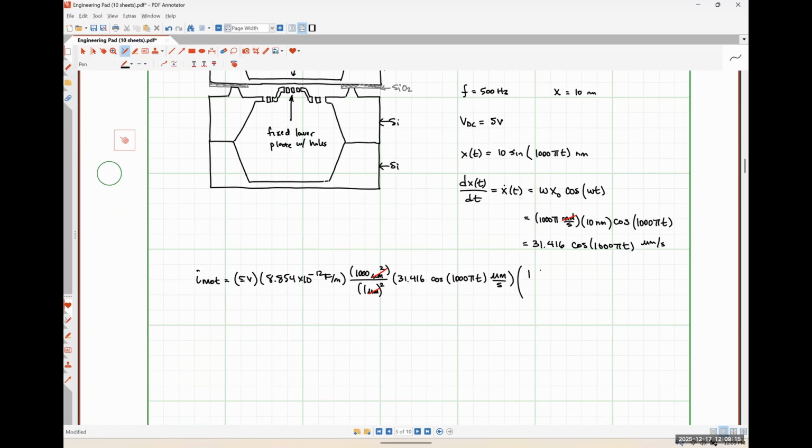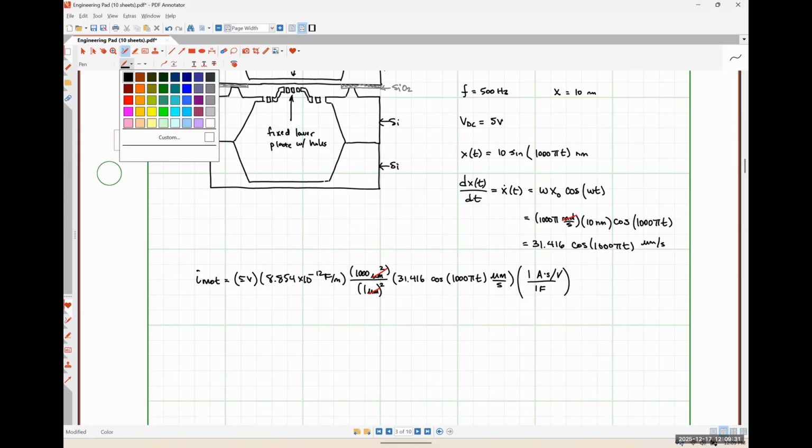So 1 amp second per volt is the same as 1 farad. So this farad cancels this farad. This second cancels this second. This volt cancels this per volt.